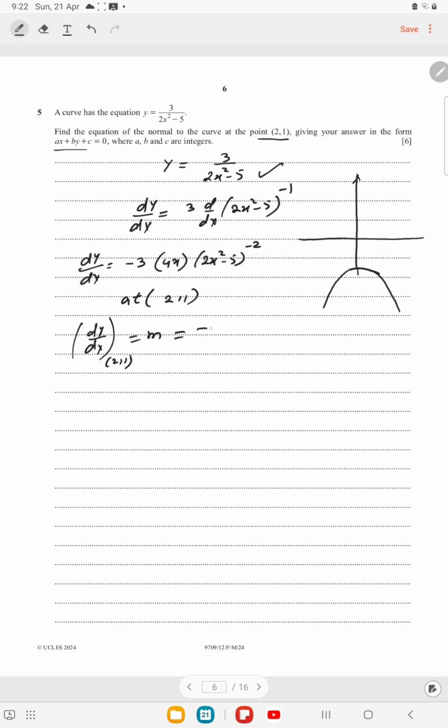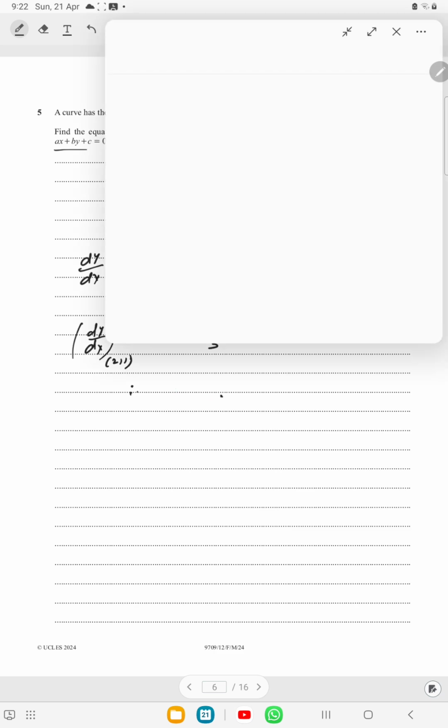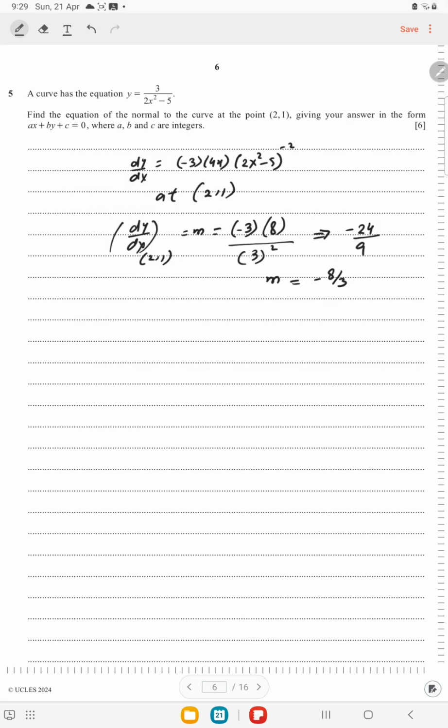We will see the answer. I got minus 8 by 3. So therefore, for the equation of the normal, this is the gradient of the curve, and the normal is perpendicular to the curve.